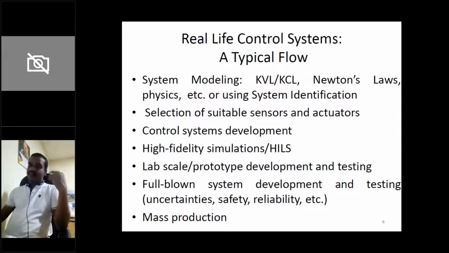Shall I go for a very high precision, very costly sensor, or can I compromise on the quality in terms of an error tolerance of plus or minus 10%? If a plus or minus 10% error is nothing I'm going to lose, then I should not go for high end sensors. A cheap sensor will do the work. So based upon the problem at hand, one has to select the suitable sensors and the actuators as well.